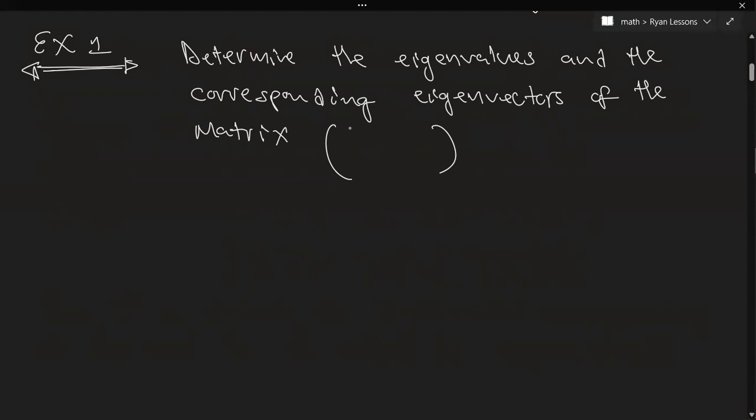The matrix is 0, 0, -2, 1, 2, 1, and 1, 0, 3, like this. We are asked to find the eigenvalues and the corresponding eigenvectors of this matrix. I'm not doing this to show you, but I want to introduce certain concepts and terminology associated with this whole algebra. So let's get to it.